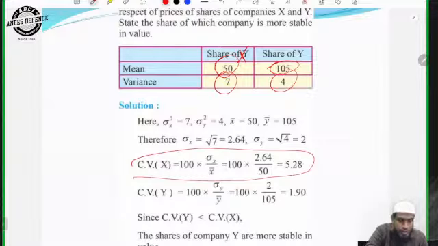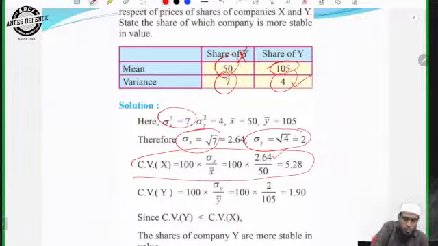Variance is given, that means standard deviation is the square root of variance. So sigma x square is 7, standard deviation will become root 7, that is 2.64. In the second case, sigma y square is given as 4, so the standard deviation becomes 2. So 100 into 2.64 by 50 is 5.28.